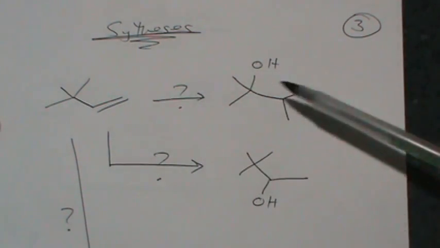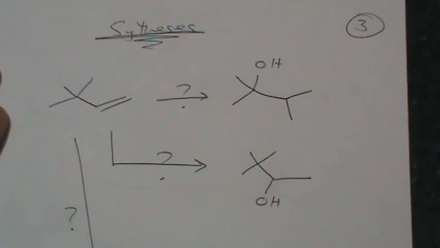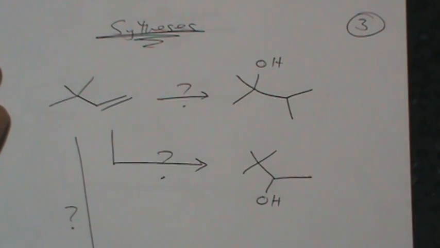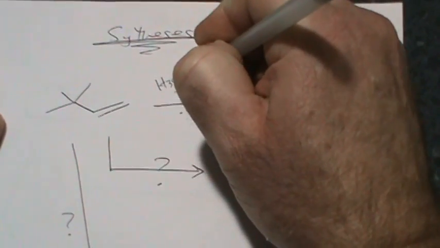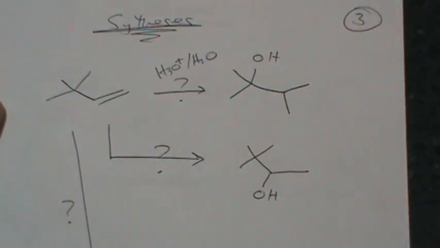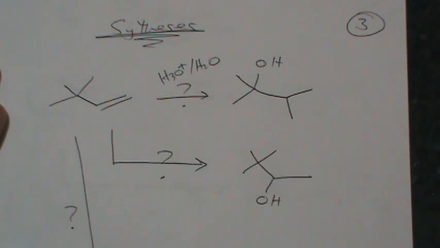We've seen this reaction before. We've talked about this one in class a few times. This is going to be an easy synthesis. It's going to be just one step. All we have to do is add H3O+, H2O. If you go back in your notes from class, you'll see this reaction for sure. And if you don't have it in your notes for some reason, you can also see it in the book.